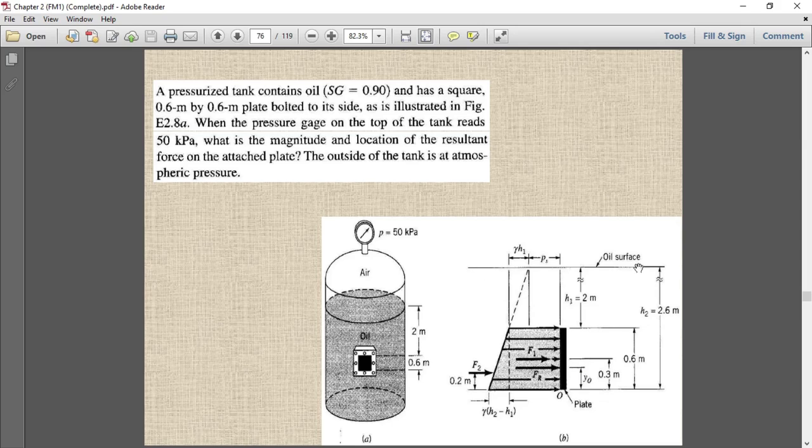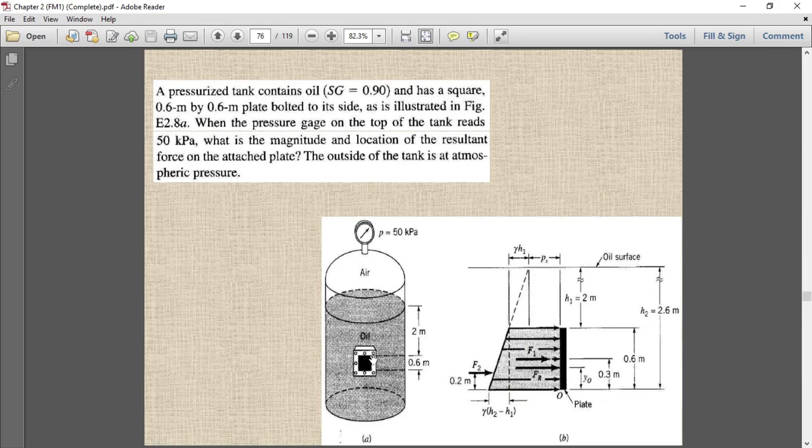The pressure on this oil surface we call PS, which is 50 kilopascal. And gamma H1 is the height of the fluid above the gate, from here to here, and this is the pressure distribution.